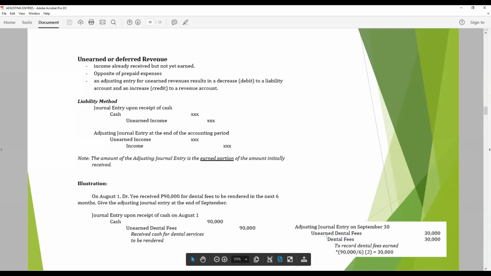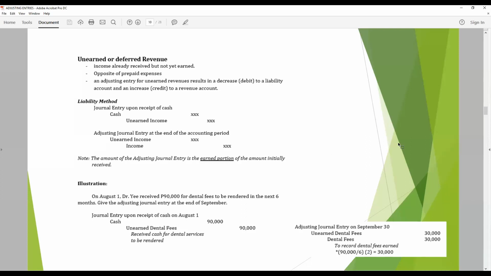And credit dental fees or dental revenue, 30,000. To record dental fees earned, 90,000 divided by 6 kasi it will be rendered for the next 6 months. So, i-divide nyo lang 90,000 divided by 6 times 2 months na earned nyo na. So, 30,000. Okay?